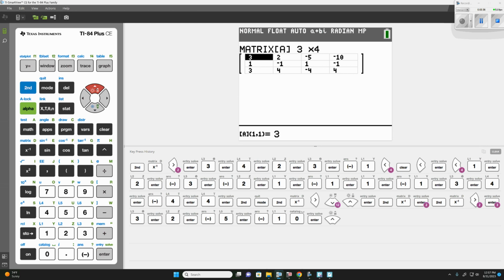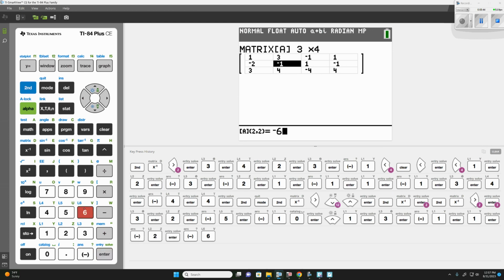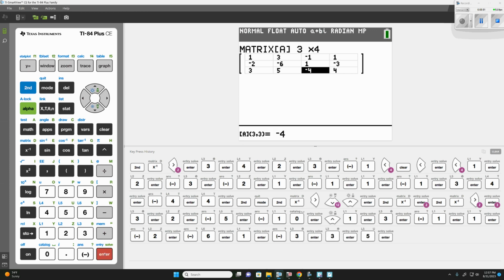Oh, I'm looking at the wrong one again, because it's supposed to be 1, 3, -1, 1, -2, -6, 1, -3, 3, 5, -2, 4.